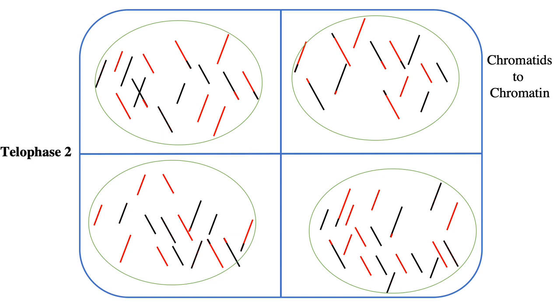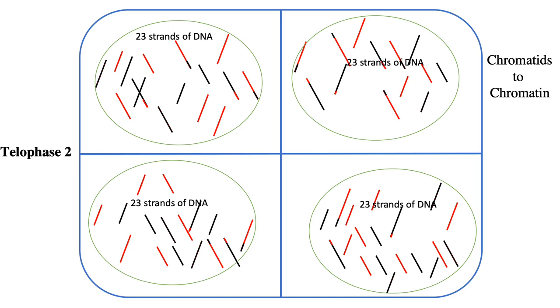And so when we are done here, notice that we have four genetically unique haploid cells. They are genetically unique because, if you remember, they experienced crossing over earlier, and they are haploid. Now, these cells that are created only have 23 strands of DNA, but the one cell we had at the very beginning had 46 strands, and this cell only got 23.